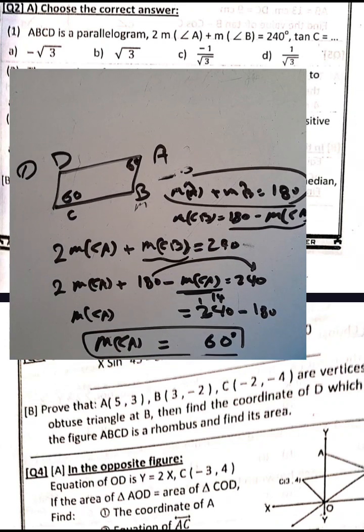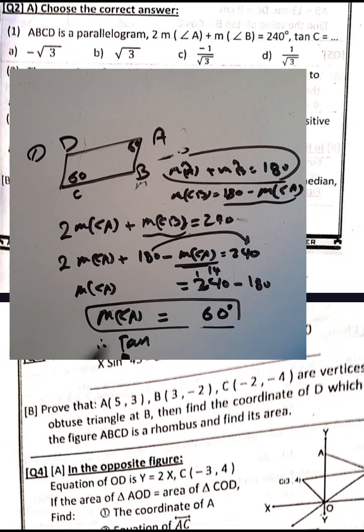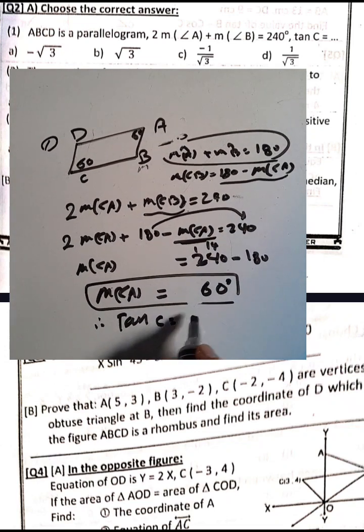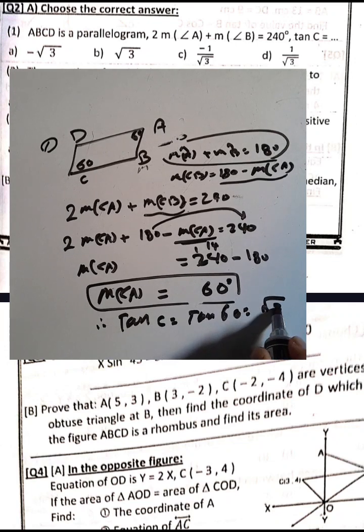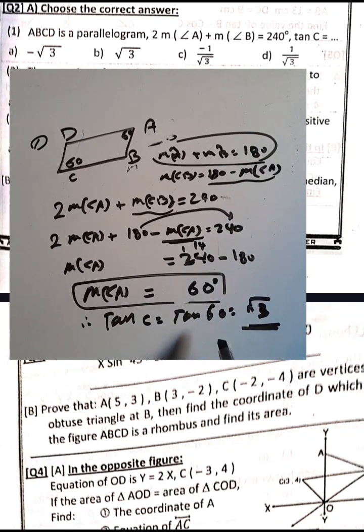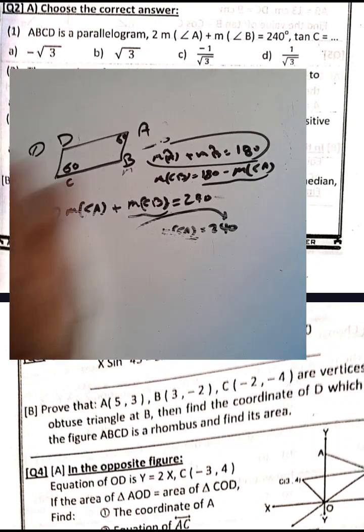Then you want to find tan C. Tan 60 equals root 3. The result here will be root 3. Choose letter B.